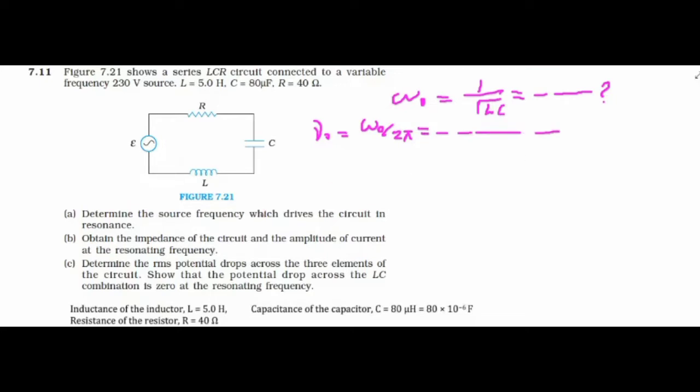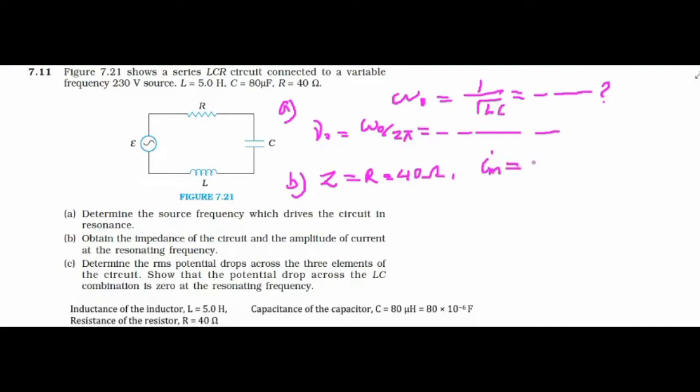Then next part B: obtain the impedance of the circuit and amplitude of current at the resonant frequency. At resonance, Z is equal to R. So you can directly write the answer, 40 ohm, will be the impedance. Then the amplitude of current at the resonant frequency means Im, the peak value of current.